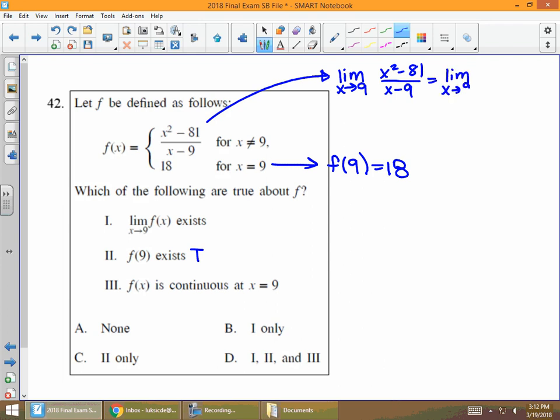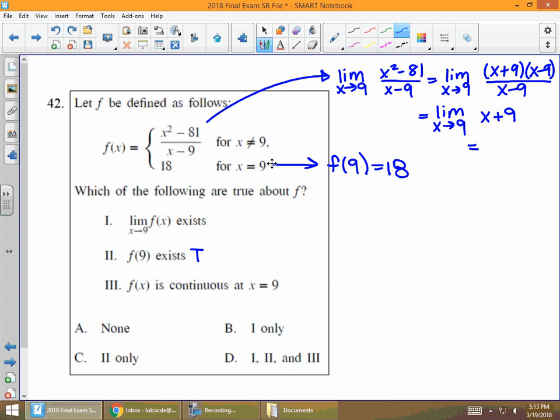The problem with taking this limit is that denominator, so I'm going to work what I can to cancel it here. Since I factored, I can cancel my x minus 9s, and now I'm just taking the limit as x approaches 9 of x plus 9.